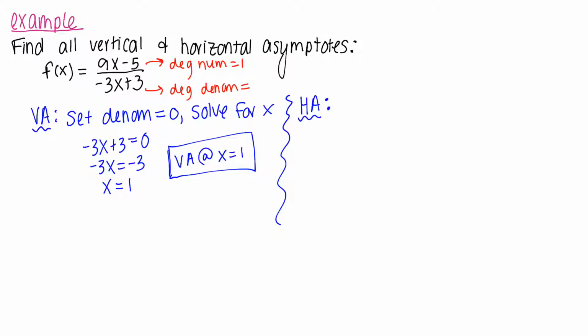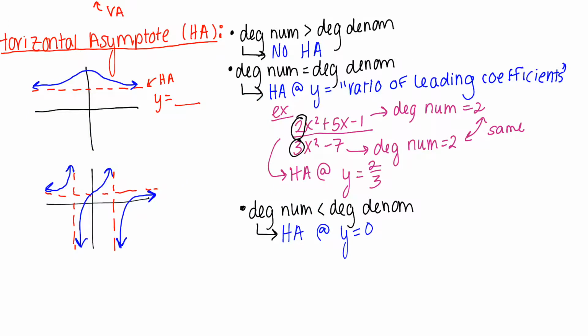That's the highest power of x that you see. So the degree of the numerator is equal to the degree of the denominator. Which means there's a horizontal asymptote. If we come back here, there's a horizontal asymptote at y equals a ratio of the leading coefficients.